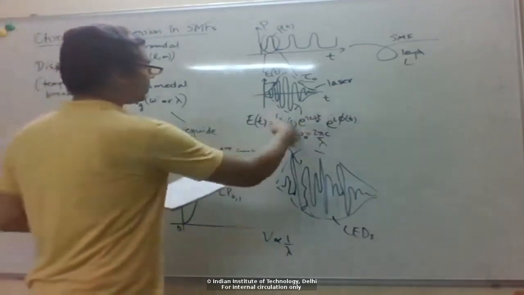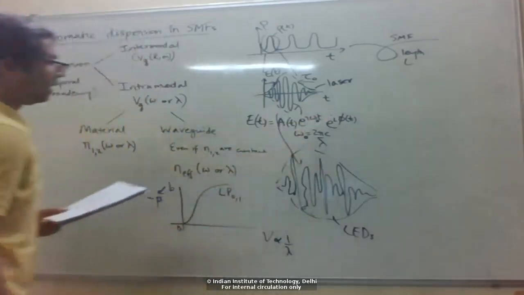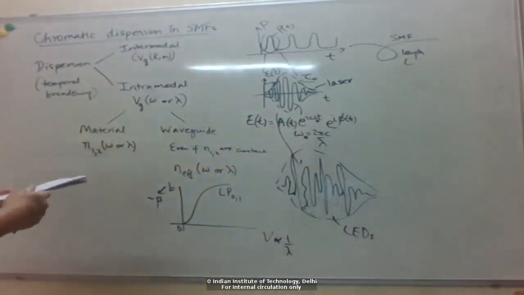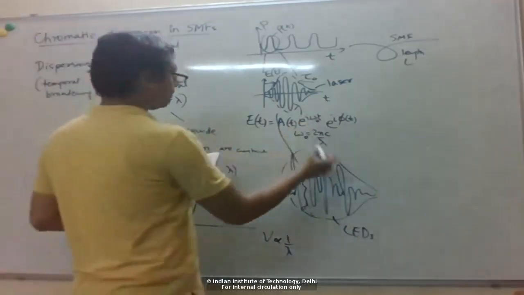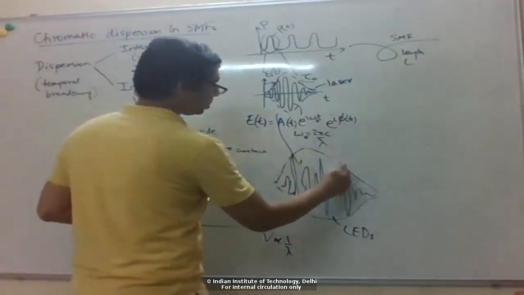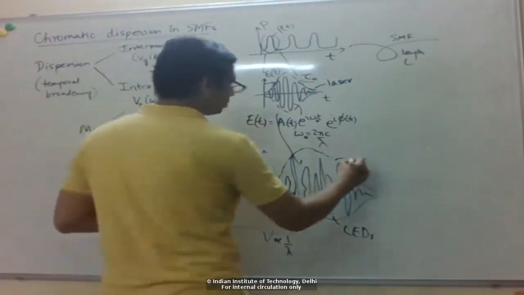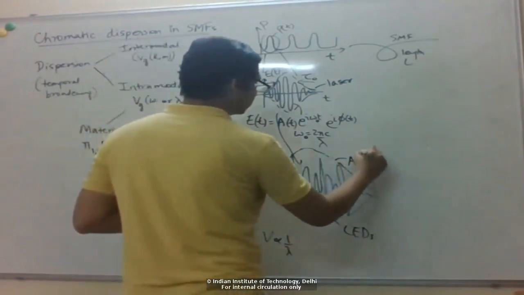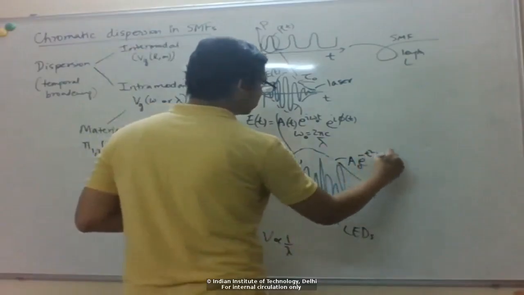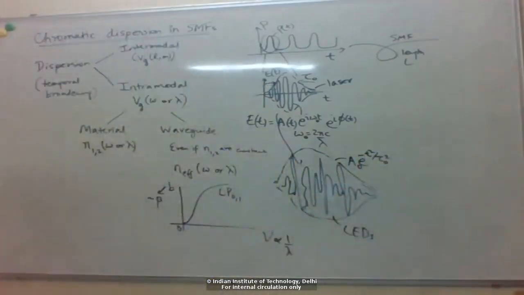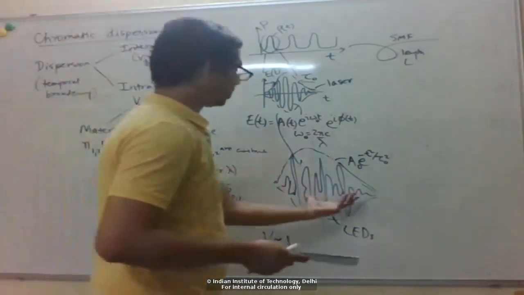Now if you have such a temporal profile, this pulse shape can be modeled in different ways, but one popular way is to just take it as a Gaussian. So now you have some temporal waveform.